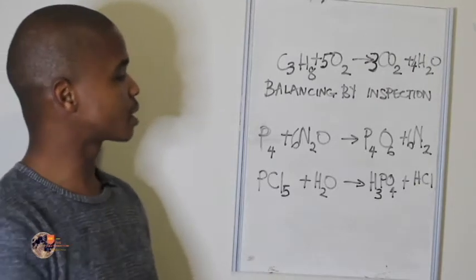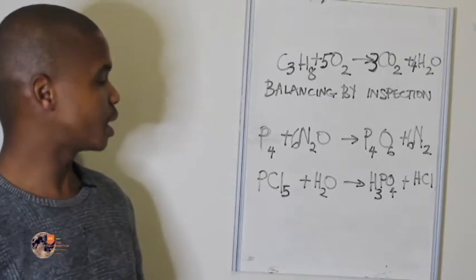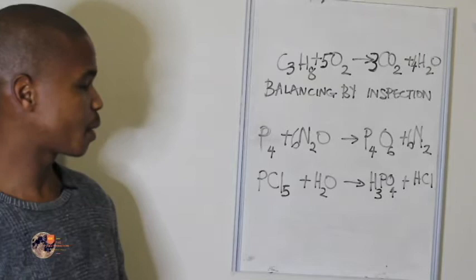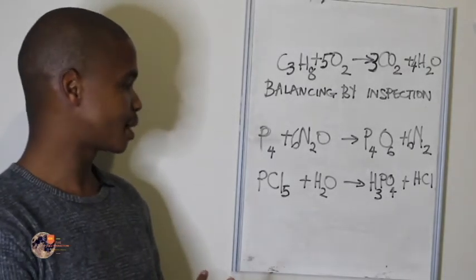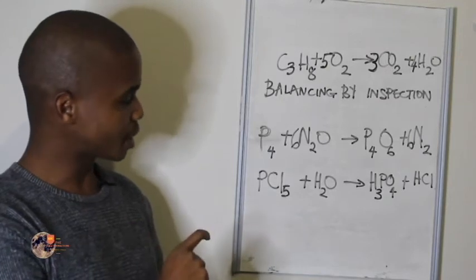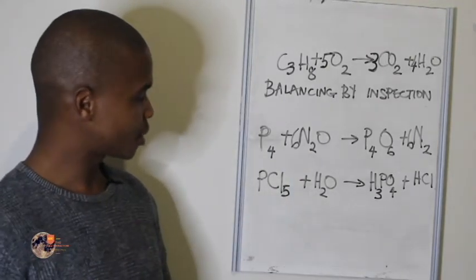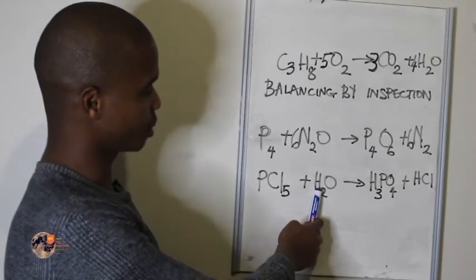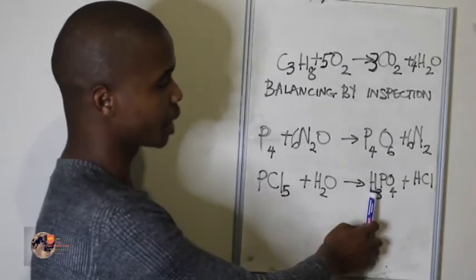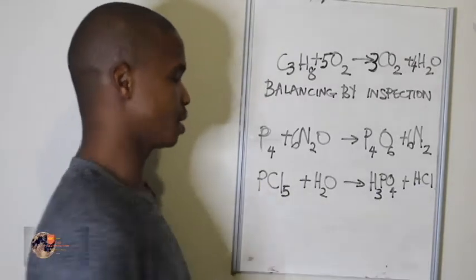Let's look at this equation as another example. You look for one atom which occurs once in one substance, on both sides. So see, hydrogen occurs once on this side, but hydrogen occurs twice on this side.